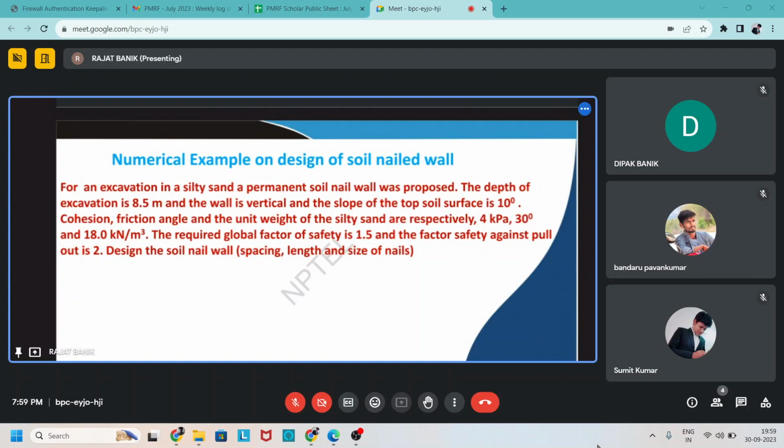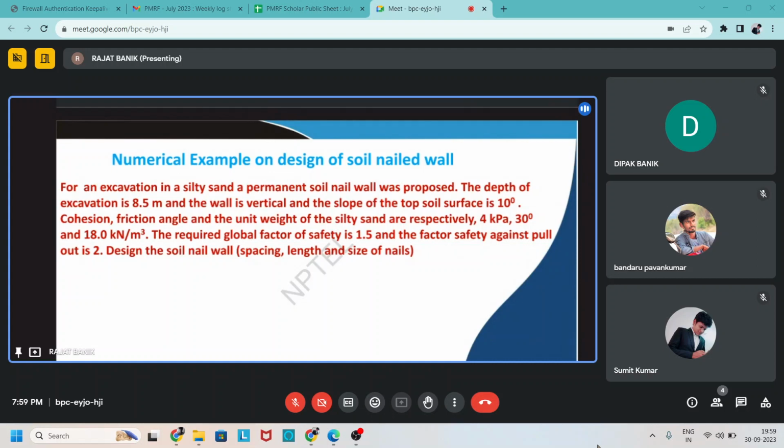So the ground condition is given here: the slope of the top soil surface is 10 degree. To design this, we first go to the charts.